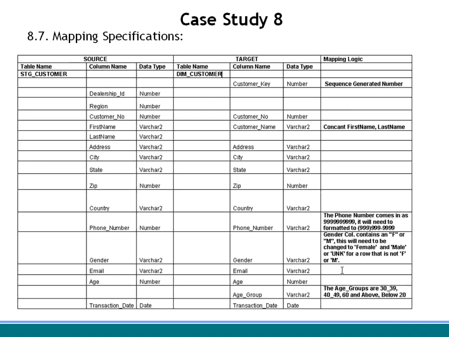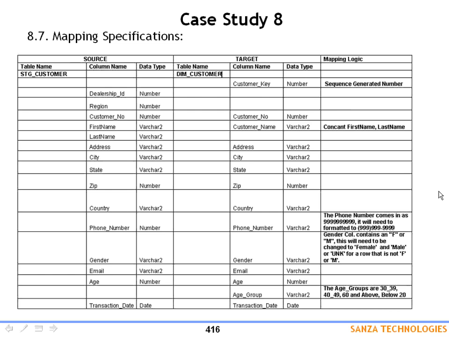It is called slowly changing dimensions. SCD type 1, this is called SCD type 1. They will tell you in the project, and they call that as slowly changing dimension type 1.